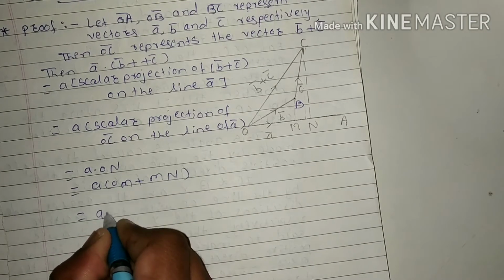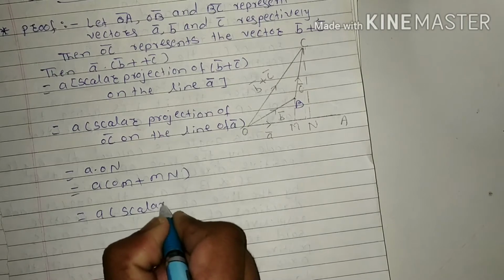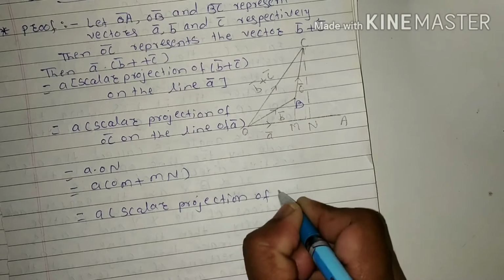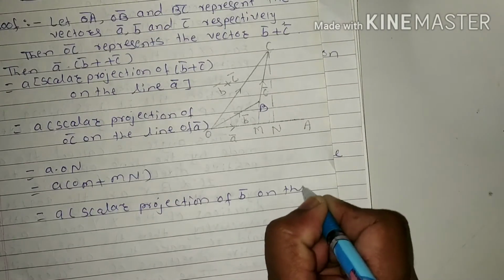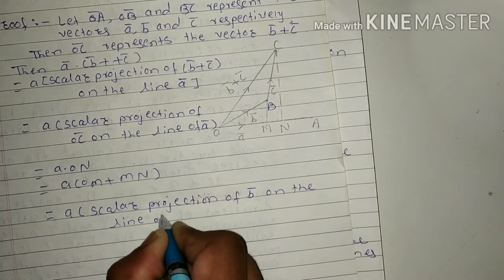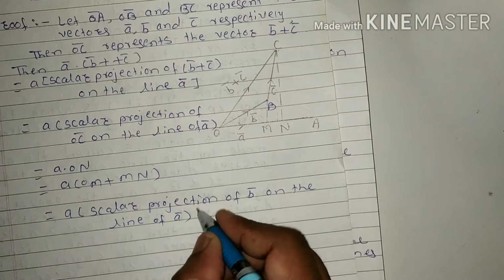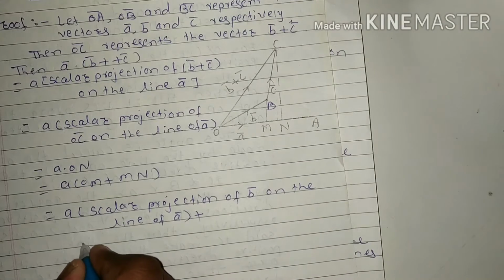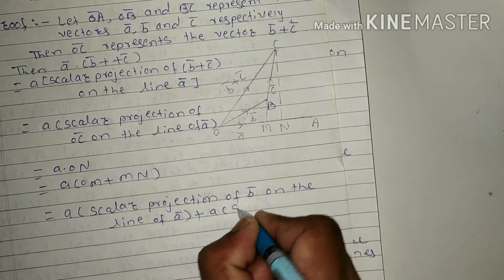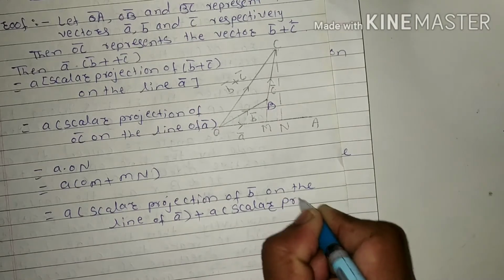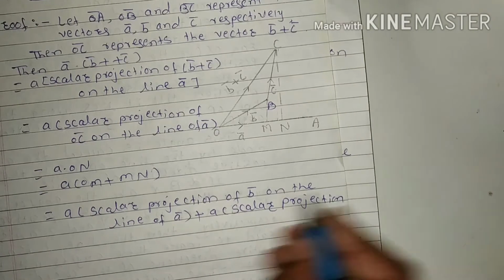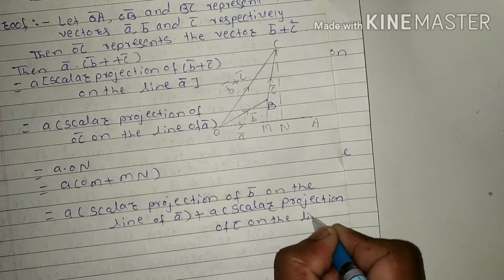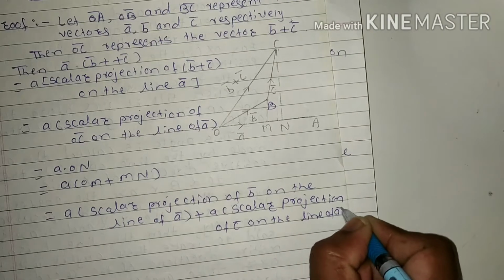is equal to a times OM, which is the scalar projection of b bar on the line of a bar, plus MN, that is also a times the scalar projection of c bar on the same line, a bar.